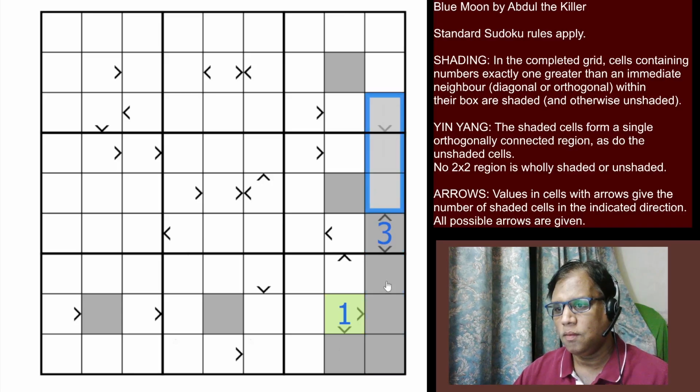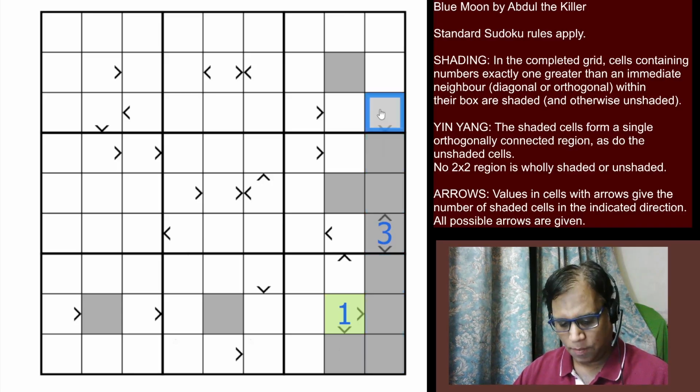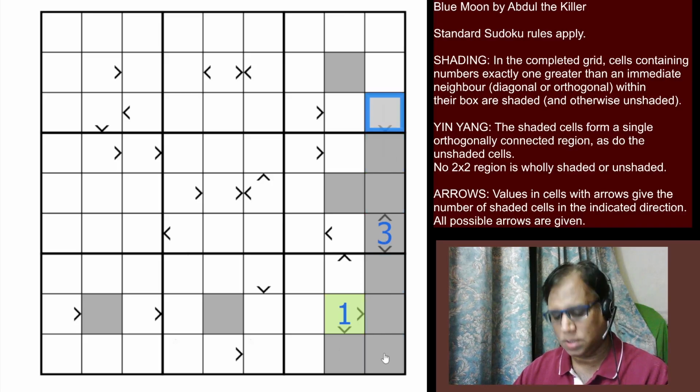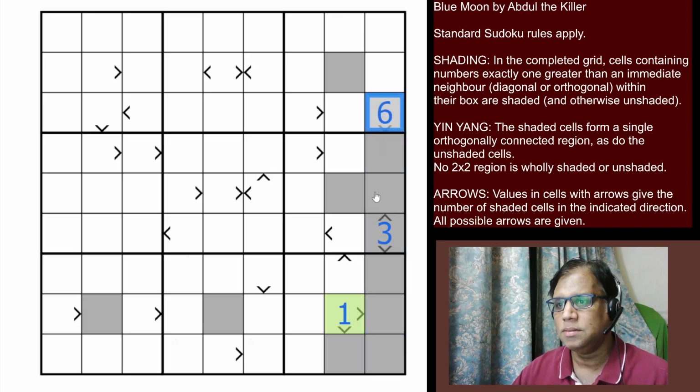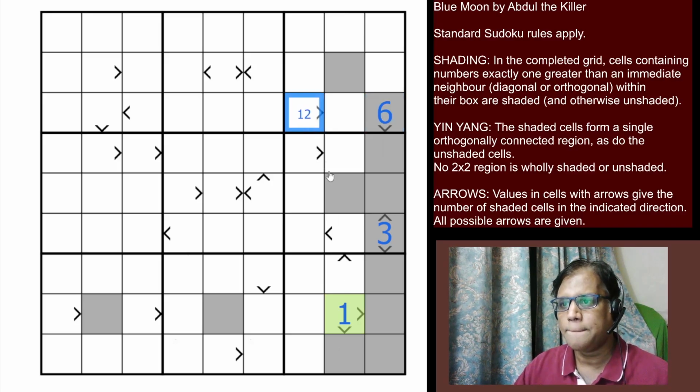1 2 3, 1 2 3. That means this is now 6 because there are 6 cells. Looking at this, that's 6. Now this one is 1 2. Alright, so this is 3.